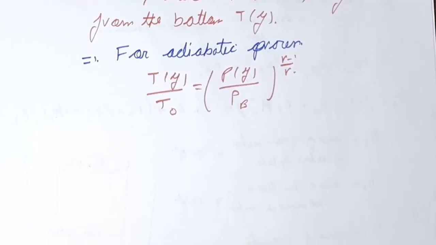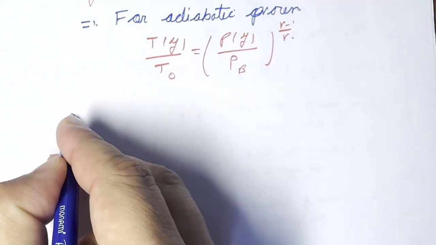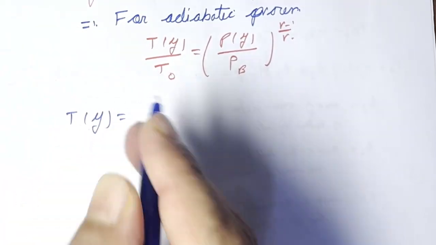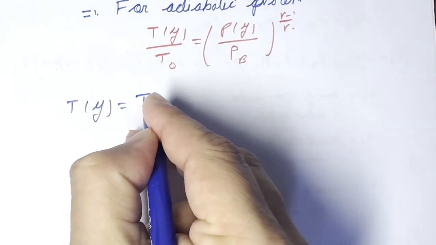So from here we can write that temperature at the height y will be equal to T0.